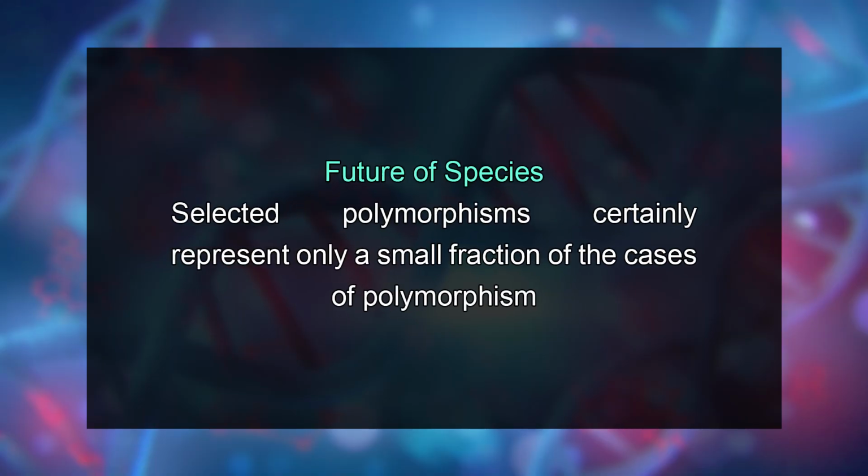This erosion is due in part, still poorly estimated, to natural selection, which eliminates harmful mutations and fixes advantageous variations, and thus increases the effect of drift on the neutral variation. Although extremely important for the future of the species, the selected polymorphisms certainly represent only a small fraction of the cases of polymorphism.